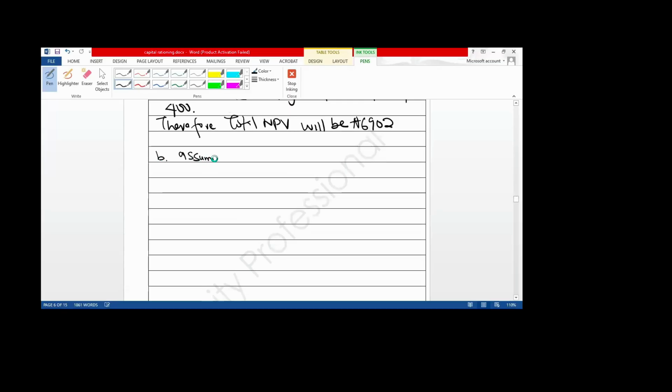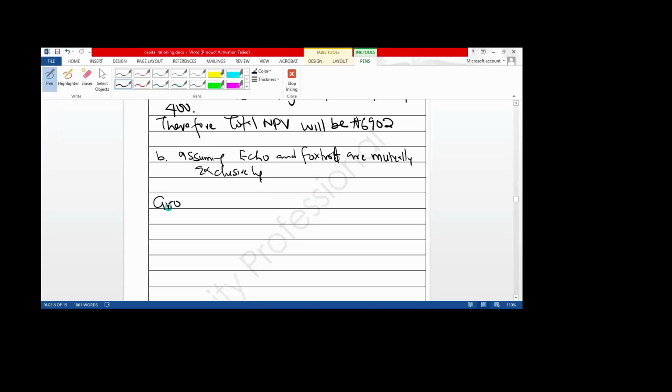Assuming Echo and Foxtrot are mutually exclusive, that means you are going to do two groups. Mutually exclusive projects cannot be accepted at the same time.